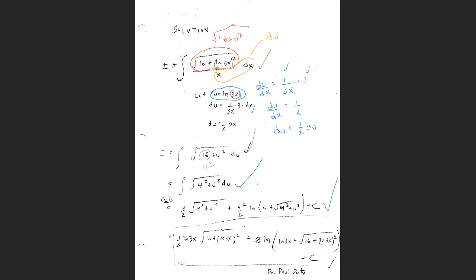And so I have my antiderivative, but our original integral was with respect to the variable x. So now I have to take the u and substitute in the log of 3x. I got to put that back in everywhere I see the variable u, and that's what I did here.